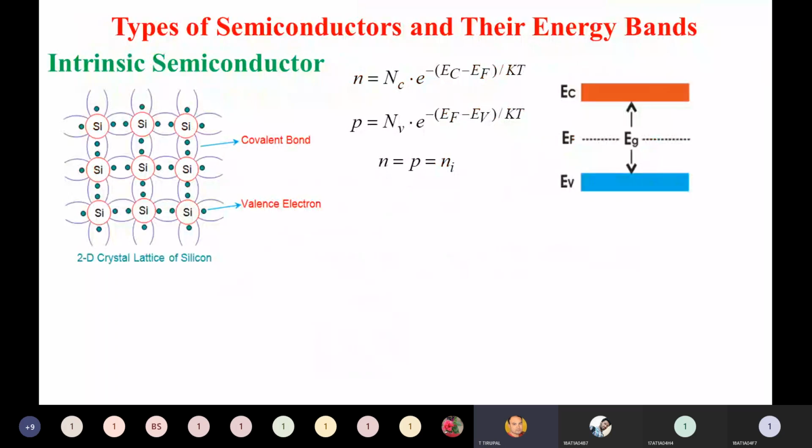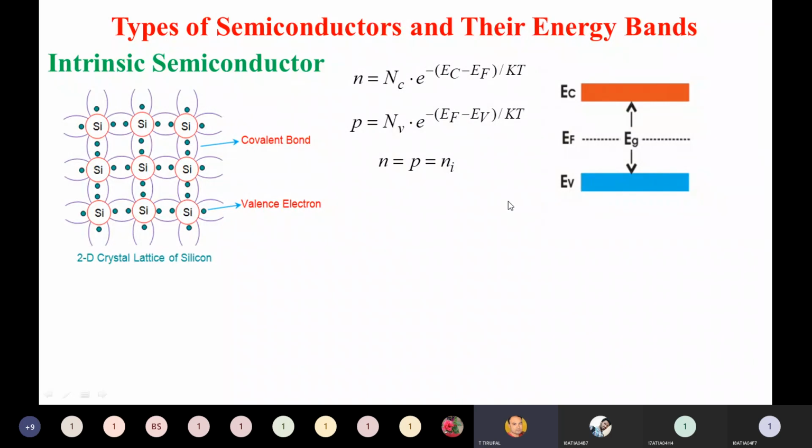Next, let us go with the types of semiconductors and their energy bands. There are two types of semiconductors, as you know already. What are those types? Intrinsic semiconductor and extrinsic semiconductor.